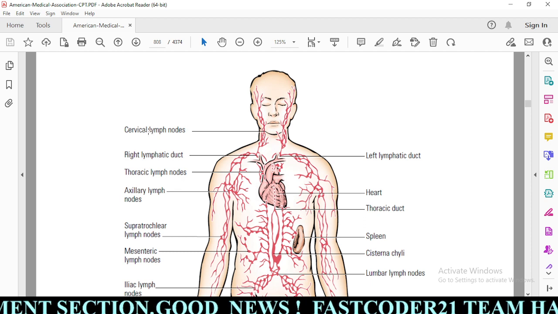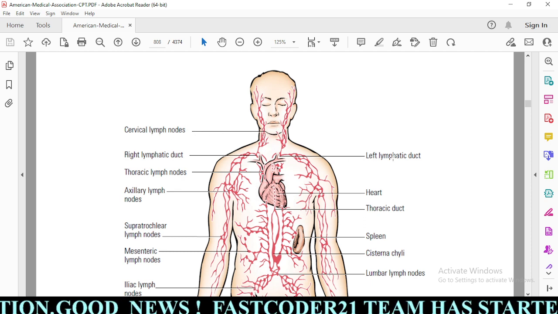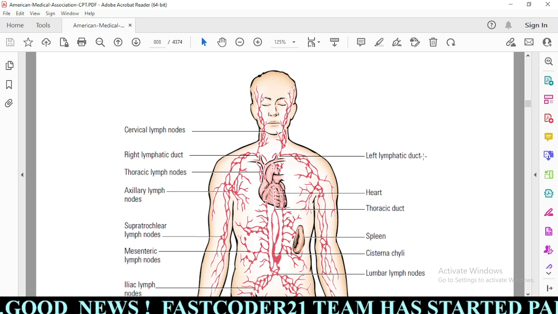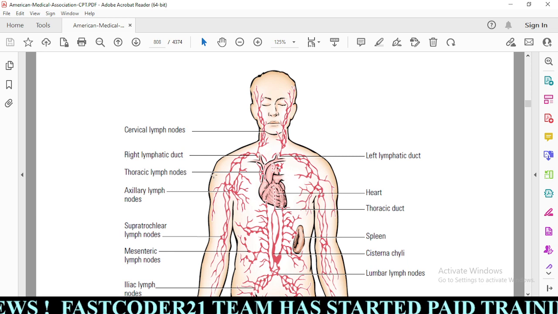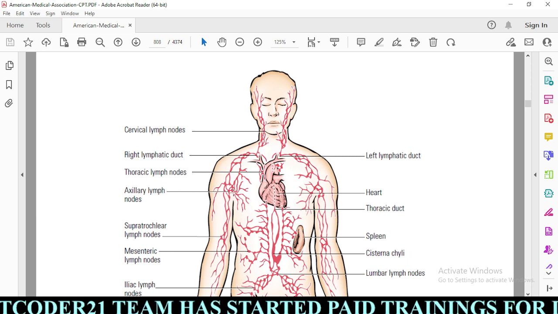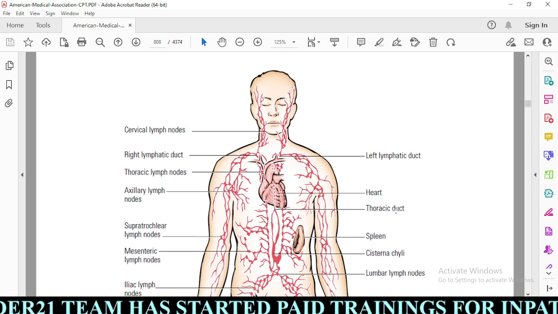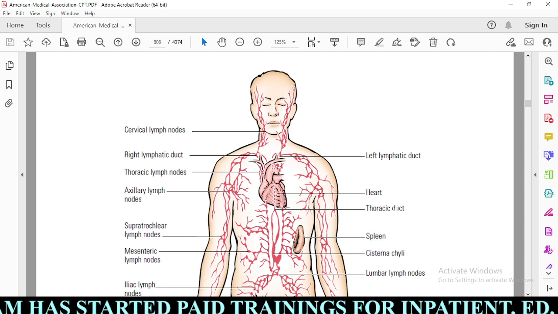For example, in the cervical area, we have cervical lymph nodes. And here we have the left lymphatic duct. In the thoracic area, we have thoracic lymph nodes, and in the axillary area, we have axillary lymph nodes. And the thoracic duct, here we have the duct which transports the lymph.